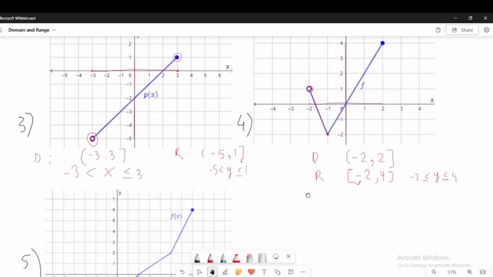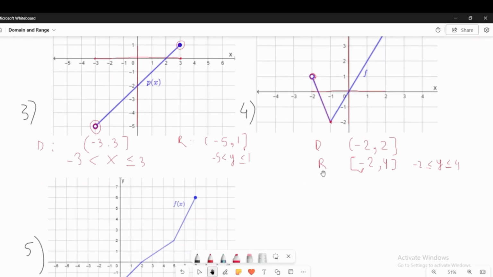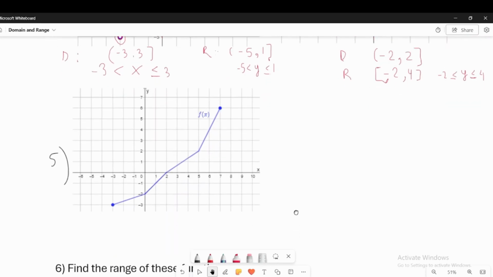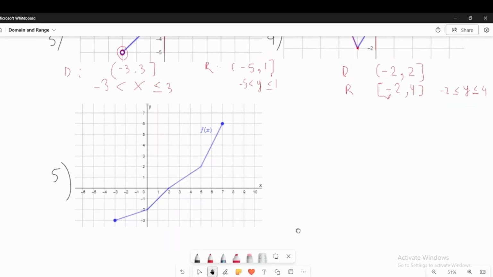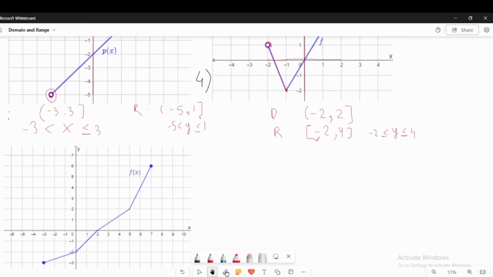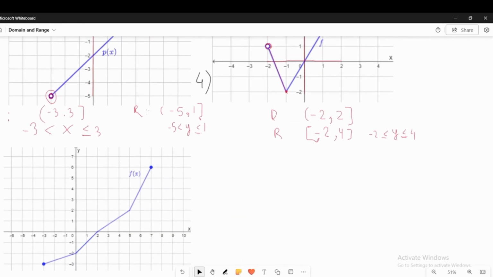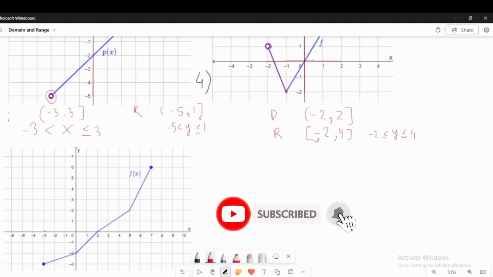Now, if we see the last one, here you can see both the ends are closed. So here, if both the ends are closed, you are going to put square brackets. So your domain would be what? Your domain is going to be from negative 3 to positive 7.